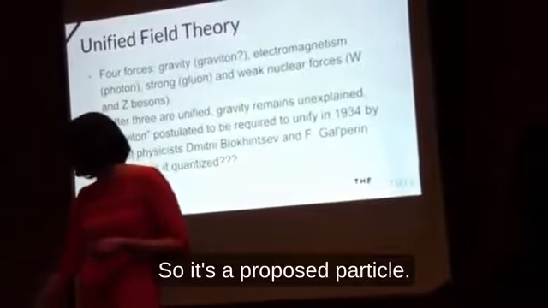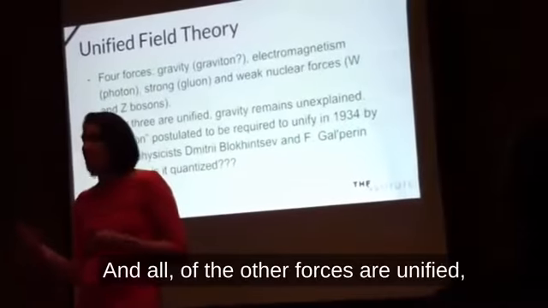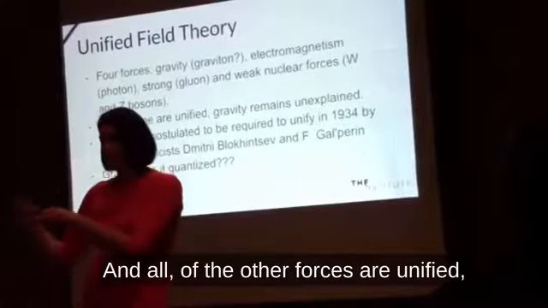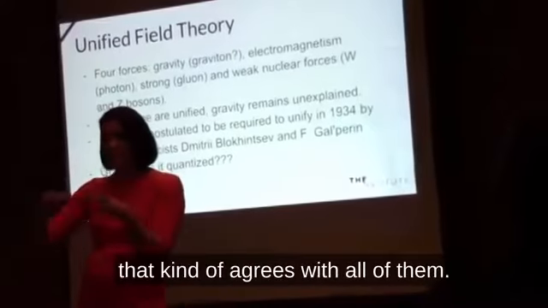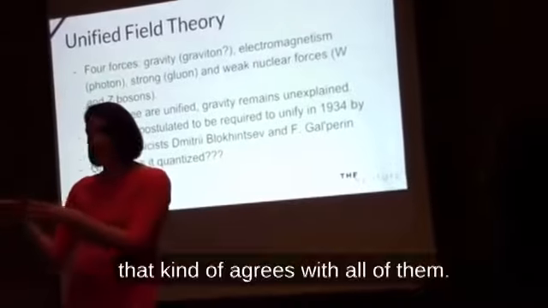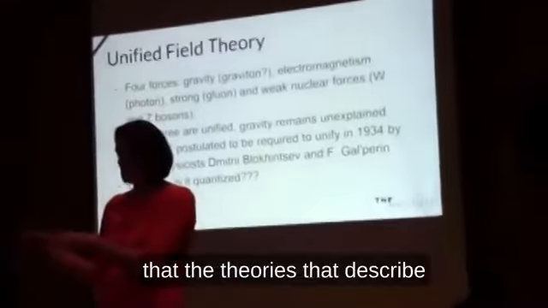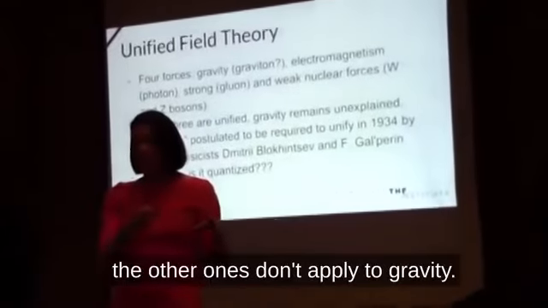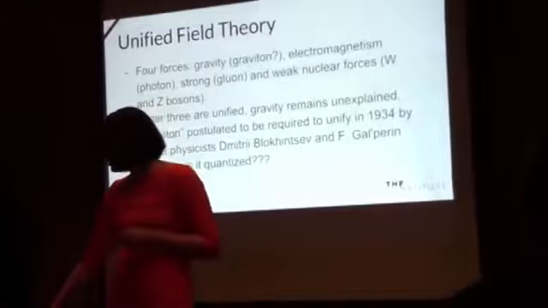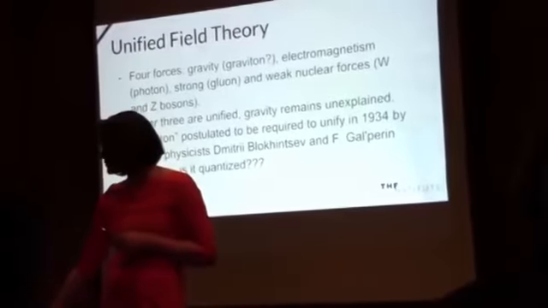So it's a proposed particle. All of the other forces are unified, meaning that you have one theory that agrees with all of them. But gravity is not unified, meaning that the theories that describe the other ones don't apply to gravity. And so it's kind of an incomplete picture.